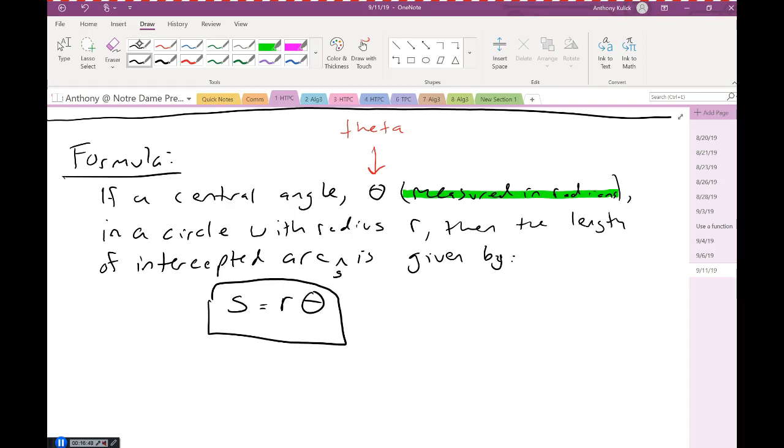What would I have to do to this formula if my angle was measured in degrees?